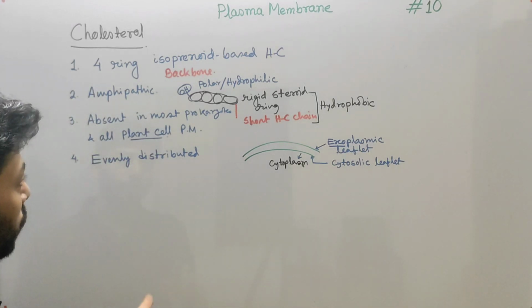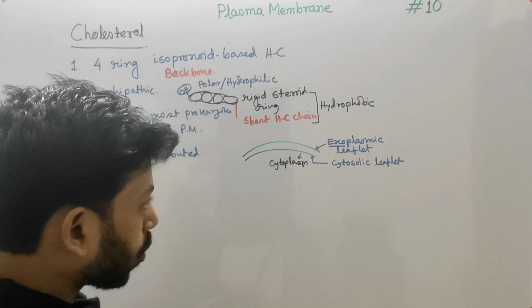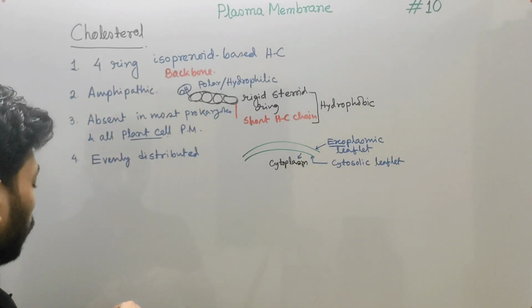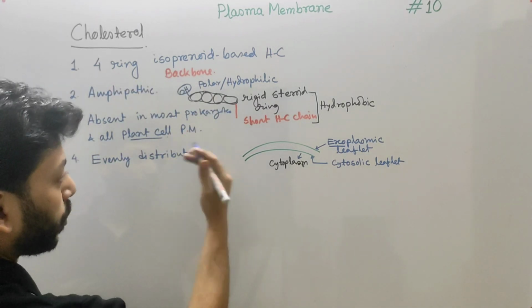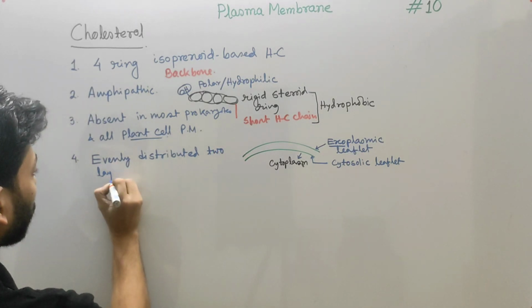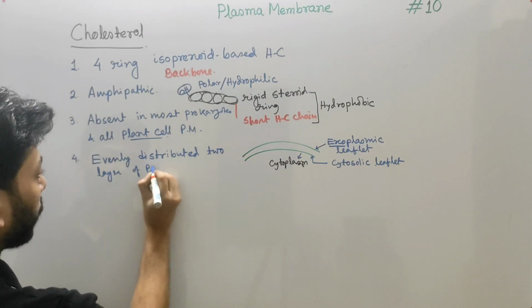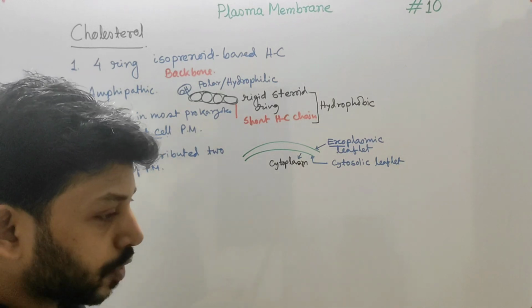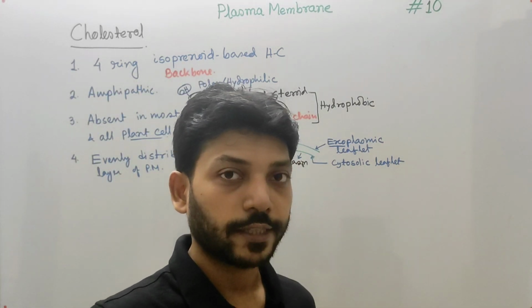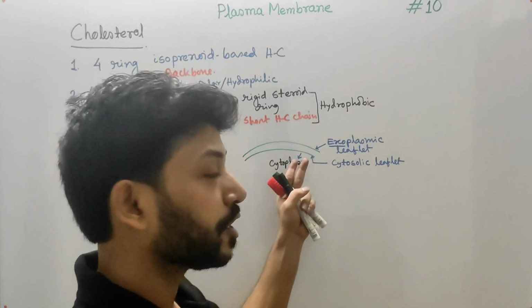Now in case of cholesterol, cholesterols are evenly distributed between the two layers of the plasma membrane. Why is it important? Because the other two lipids like phosphoglycerides and sphingolipids are not evenly distributed.